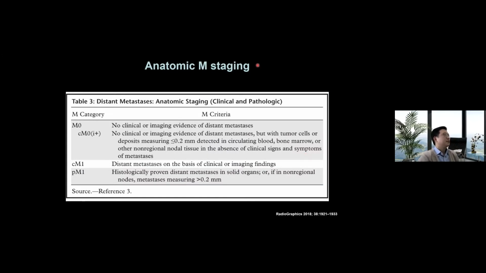And this is the M staging. M0 has one particular category of I plus. Actually, this means that tumor cells or deposits measuring less than 0.2 millimeter are detected in circulating blood or bone marrow or non-regional nodal tissue, then it can be considered as M0 I plus.